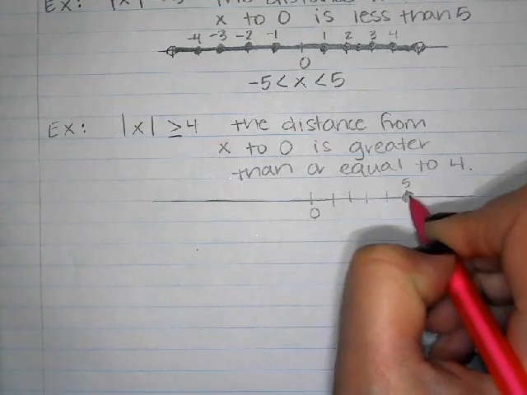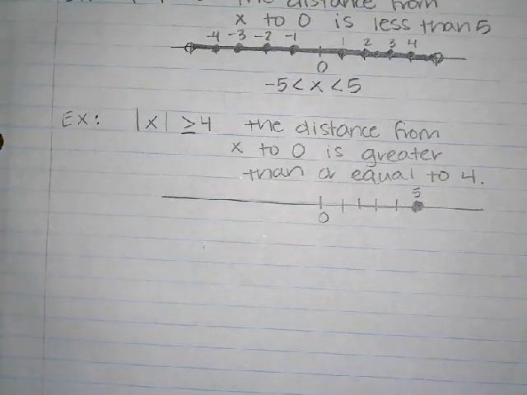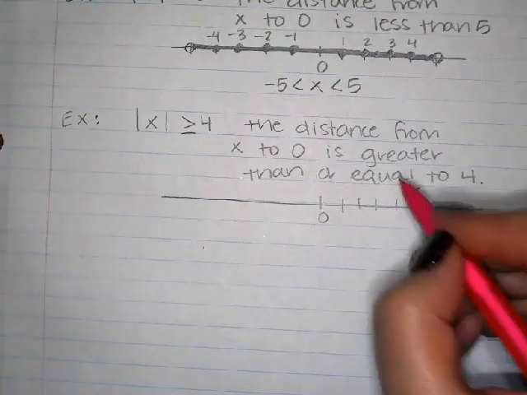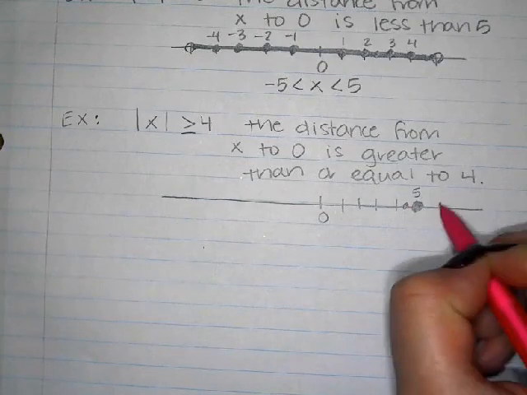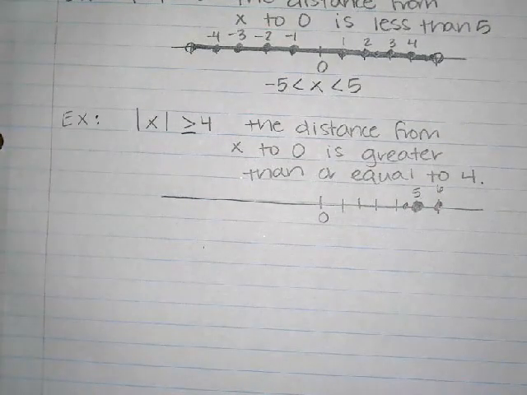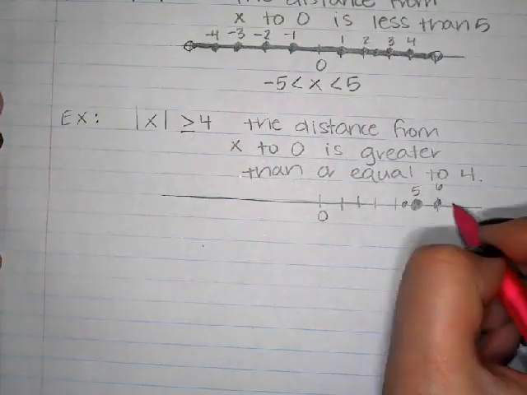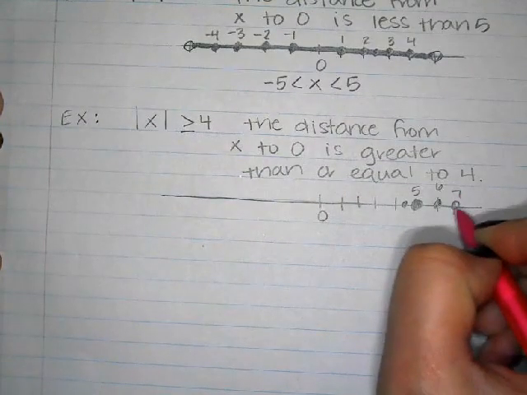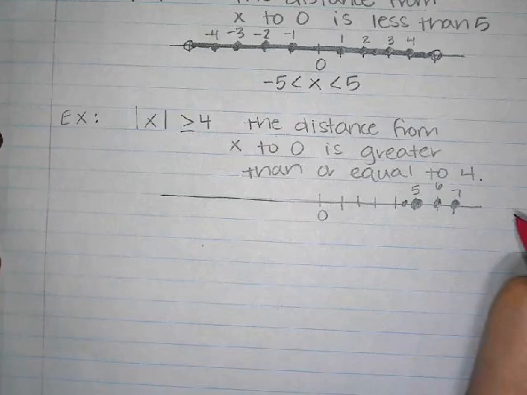What's another number where the distance between 0 and that number is greater than 4? 4.5. Somebody else said 6. What's another number? 7. Anything past 4, right?